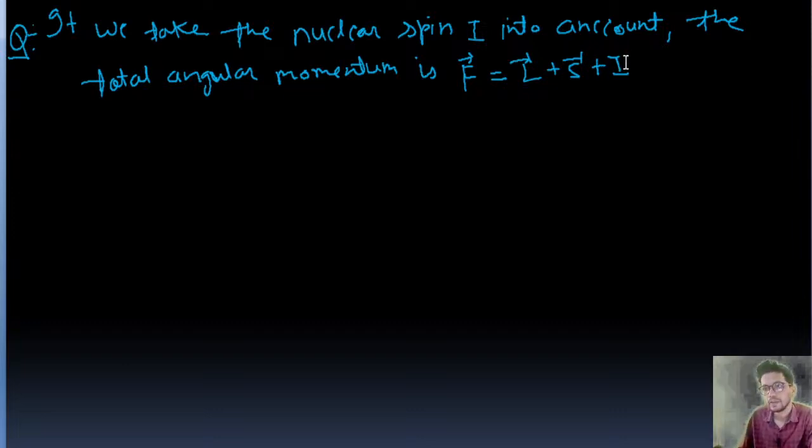We know this is the orbital angular momentum, this is the spin angular momentum, and this is the nuclear angular momentum. This one we have studied in atomic physics.